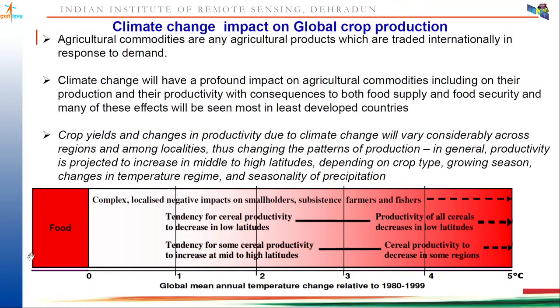Mainly in the case of cereal and food grain crops, we are seeing that when the temperature rise is more than 3 degrees Celsius, 4 or 5, there will be a drastic decline in cereal productivity. Wheat and all cereal productivity will drastically decline. But more effect will be observed particularly in the case of wheat compared to rice, the other major cereal.